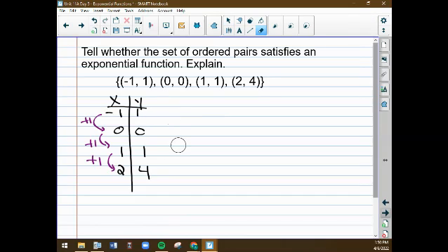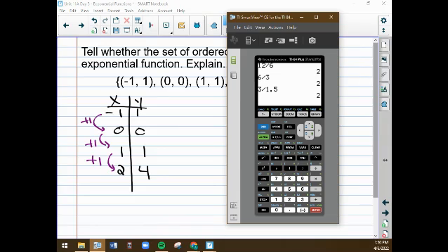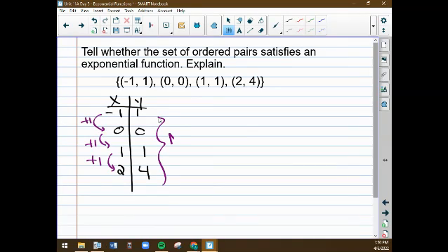Okay, let's use what we know from geometric sequences to calculate that common ratio. I do 4 divided by 1, I get 4. So it should be 4 throughout the rest of the y values if it's exponential. So if I do 1 divided by 0, I get undefined. So that means that there is no common ratio, so it is not exponential.